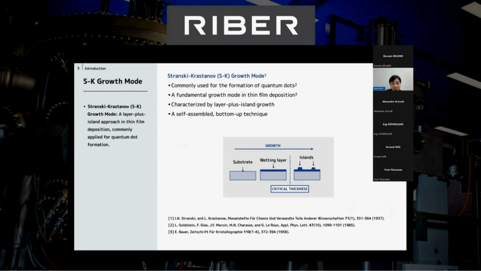First, we supply the film material to the substrate. A two-dimensional wetting layer is grown on top, and then islands grow beyond the critical thickness. It's a self-assembled technique for the growth of quantum dots.